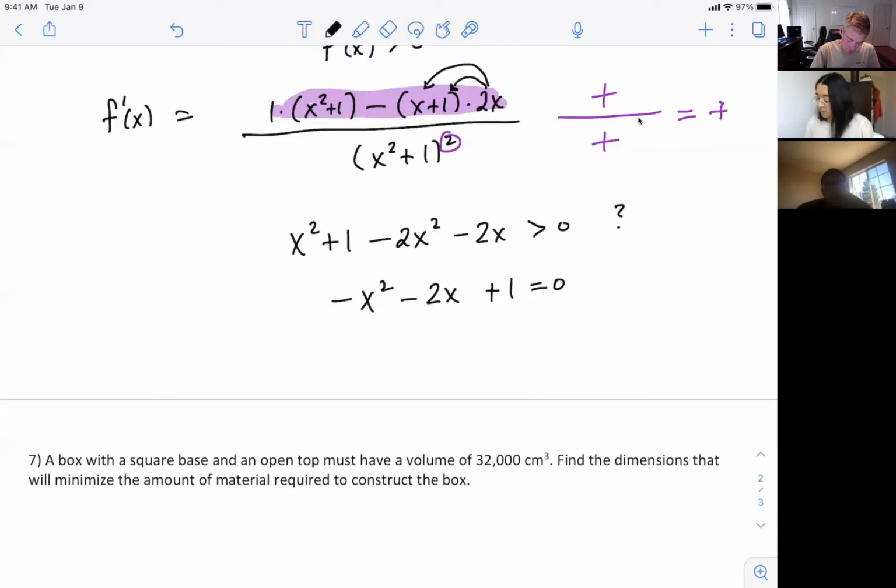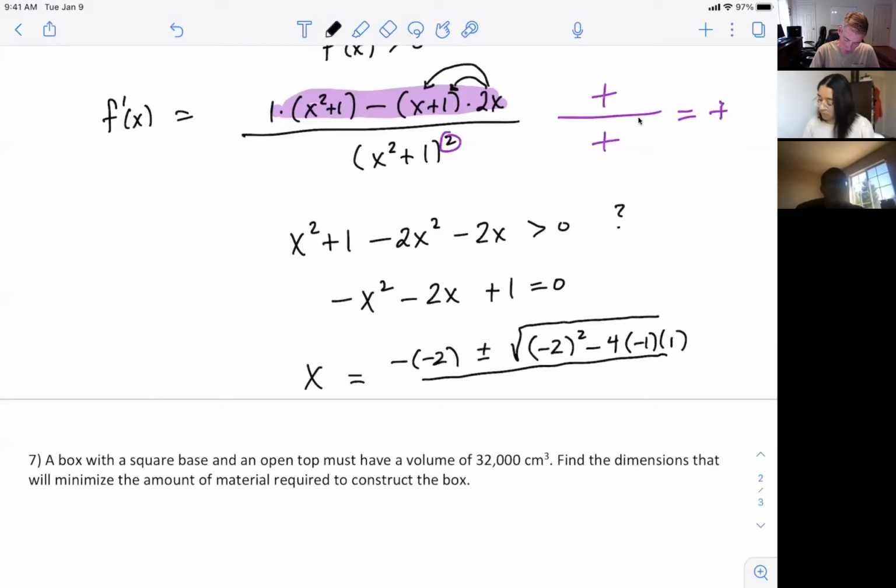So once again, the quadratic formula, x equals negative b, so negative of negative 2, plus or minus the square root, the b gets squared, minus 4 times the a, which is negative 1, and the c, which is 1, all divided by 2 times the a.